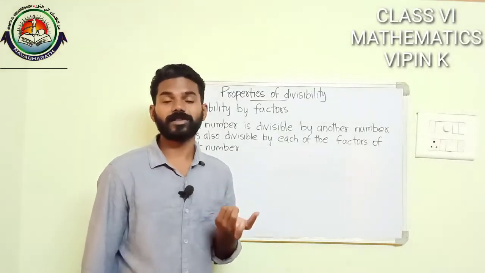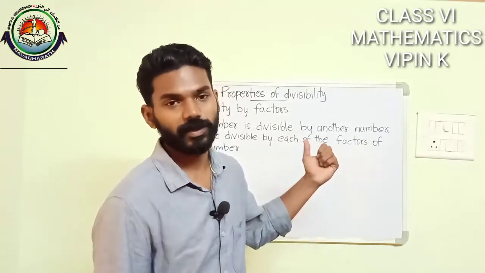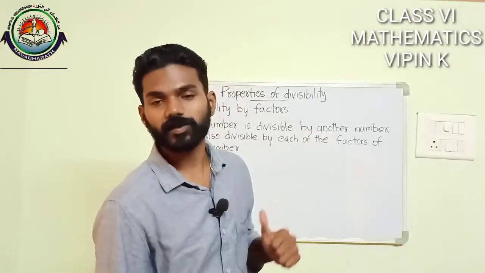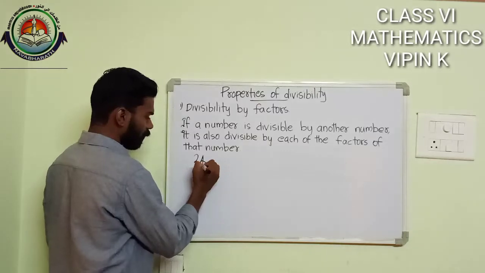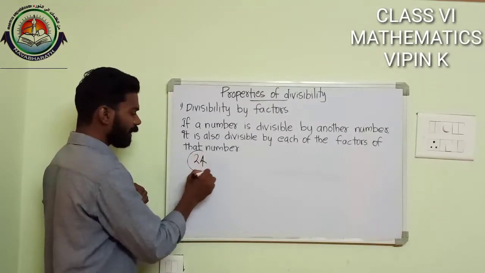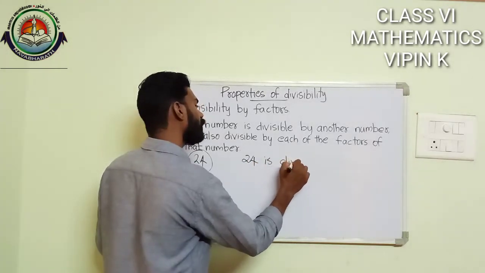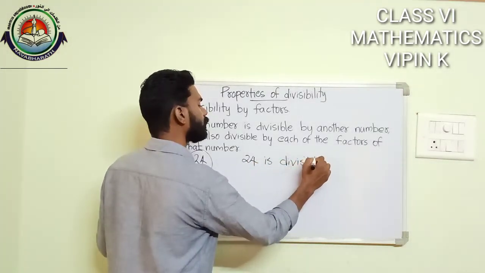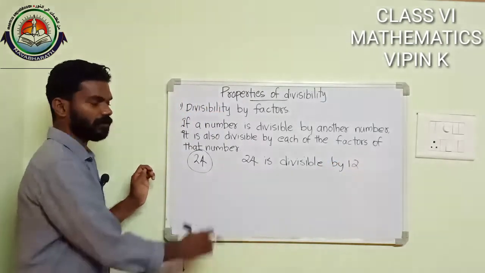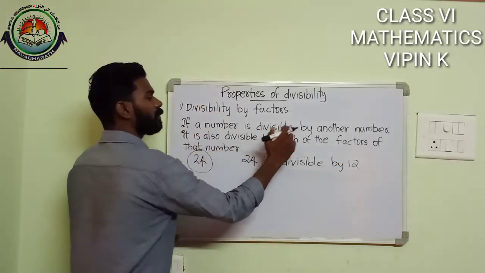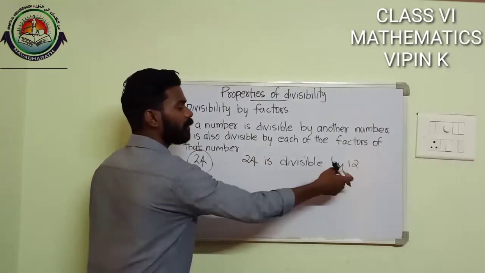Okay, now let's take an example and understand what is actually meant by this rule. I have a number 24, and I know that 24 is divisible by 12. This is the first condition of our rule: a number is divisible by another number. Here the number 24 is divisible by 12.